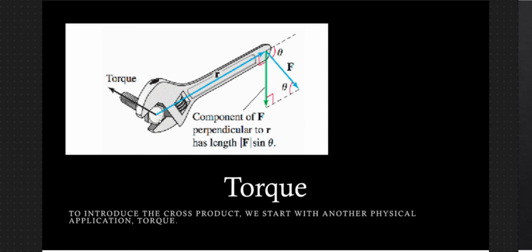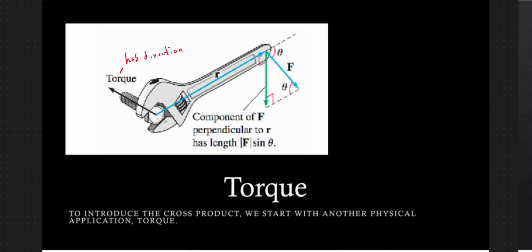So, a couple things here. The nut could go either in along the bolt, tightening it, or it could go out, loosening it. And so what that's telling us here is torque has direction. And then, of course, it also has a magnitude, the amount of twisting effect that it has.